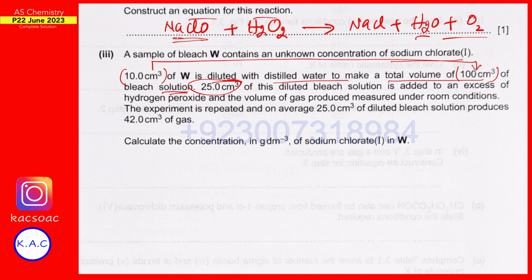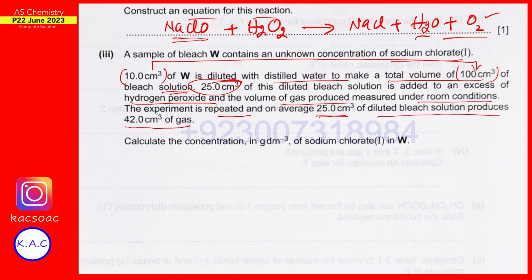This solution is added to the excess of hydrogen peroxide, and the volume of the gas produced is measured. There is only one gas at room temperature, that is oxygen, under room conditions.